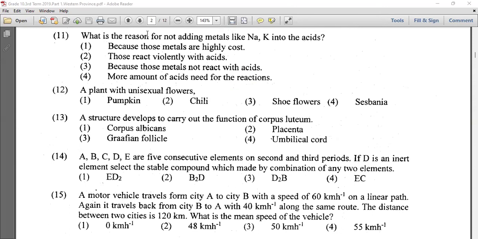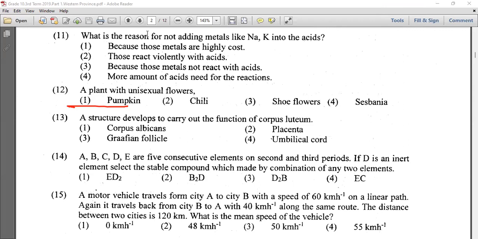A plant with unisexual flowers, pumpkin. A structure develops to carry out the function of a corpus luteum. If you can remember, the primordial follicle under the action of follicle stimulating hormone turns into a Graafian follicle.